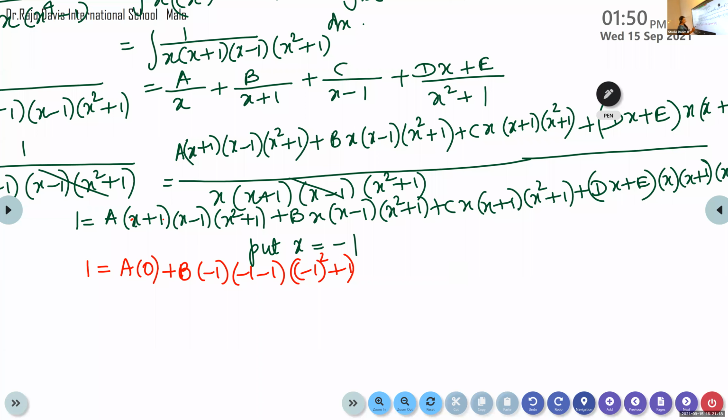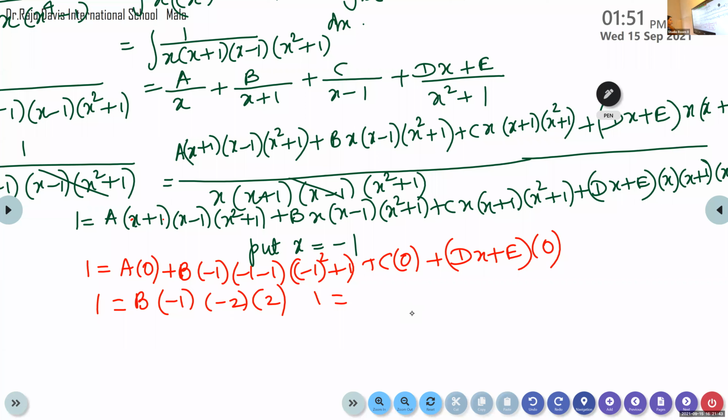So we get 1 is equal to, first term will become 0, b into minus 1 into minus 2 into 2. So 1 is equal to minus 1 into minus 2, 2 into 2 is 4b. Therefore, what is b? b is 1 by 4. The value of b is 1 by 4.